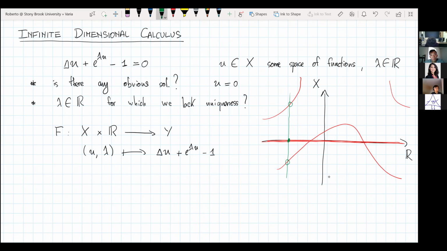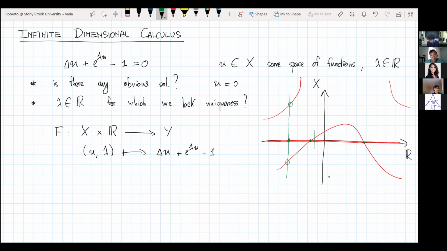So if we look at points where these two branches cross, what's happening is that near those points we have two branches coming out. And so for values of lambda near these points, we have more than one solution, because these two branches are the same at that lambda, but they are different for lambdas that are close by but not equal to our lambda.